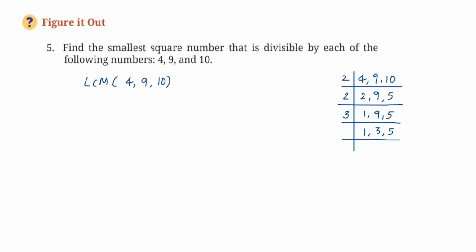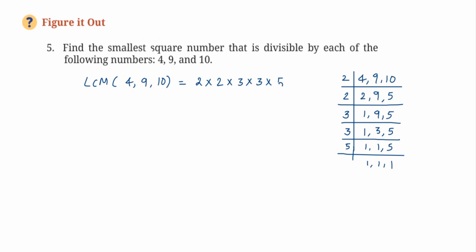We have 3. 3 is a prime number, so 3 times 1 is 3. And 5 is not divisible. Next we have 5. 5 times 1 is 5. Now we have 1 here in the last step, so we can stop. We have to multiply all these numbers. So LCM will be 2 times 2 times 3 times 3 times 5.